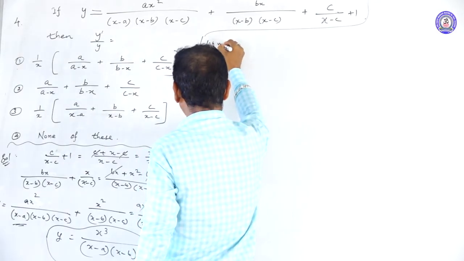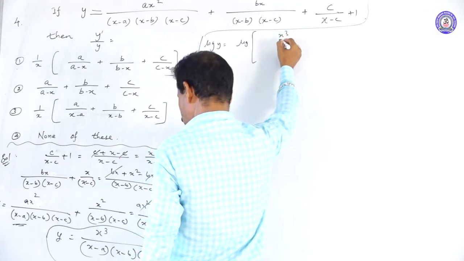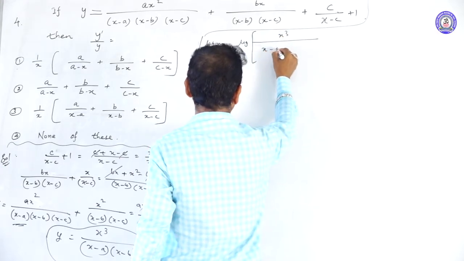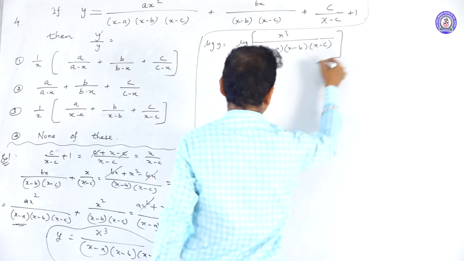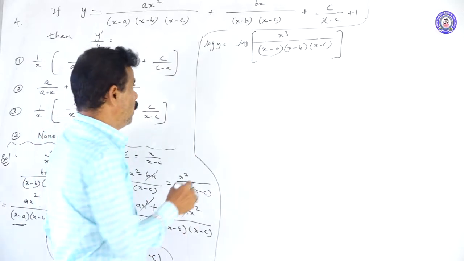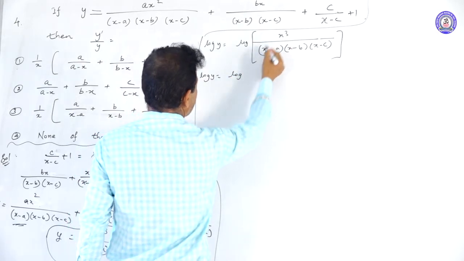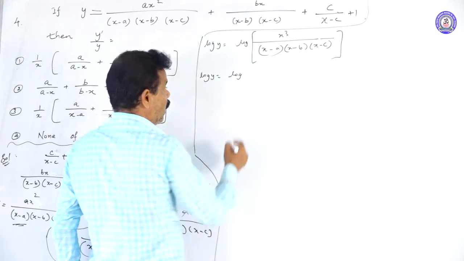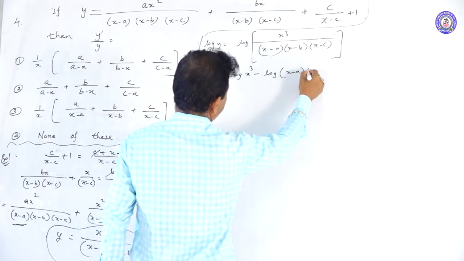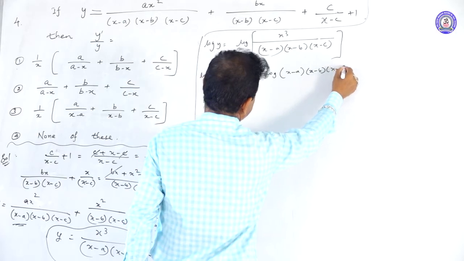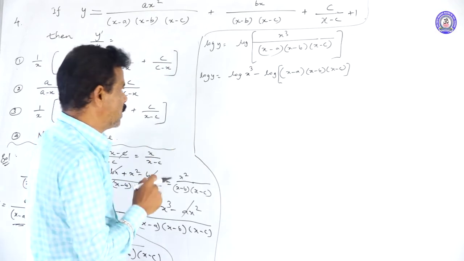Log y is equal to log of x cube by x minus a, x minus b, x minus c. Now log y is equal to log x cube minus log of x minus a, x minus b, x minus c, separated using log m by n is log m minus log n.